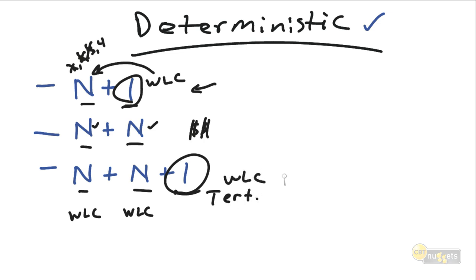So pretty interesting. We've got multiple levels of redundancy here, and all of it falling back to just one single wireless LAN controller that is the ultimate last resort from a redundancy standpoint in the wireless LAN controller infrastructure.